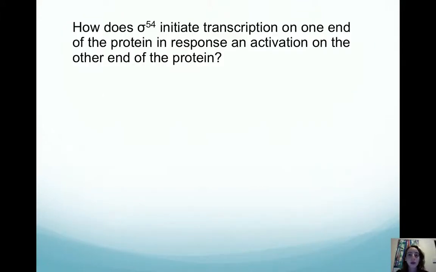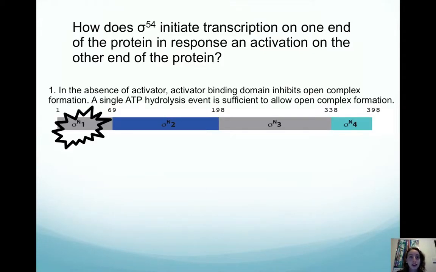So there's two ideas about how this could happen. The first is that the activator binding domain of sigma 54 inhibits open complex until it is contacted by the activator and ATP hydrolysis.